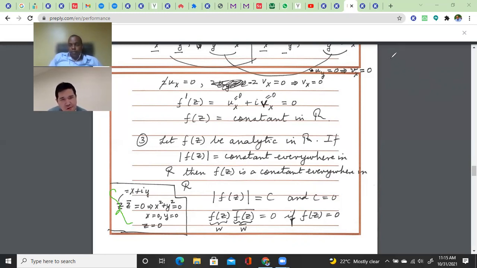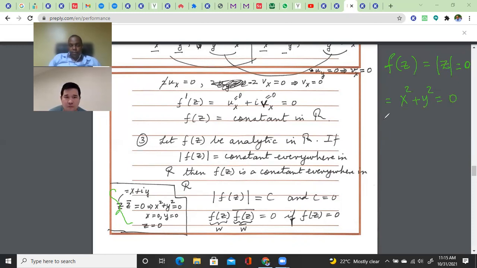So he's saying, what if you have a function f of z given by the modulus of z, and what if it's going to be the constant 0? The modulus of z is simply x squared plus y squared. It's going to be 0.